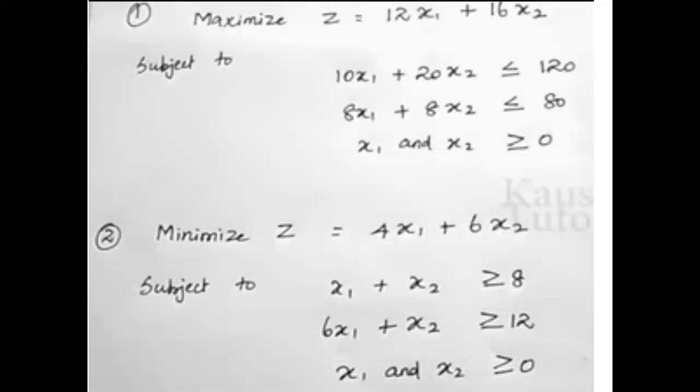Hello students. In the previous lectures, I showed you how to solve linear programming problems using the graphical method. I showed you two types of linear programming problems and their solution using the graphical method, that were maximization of objective function subjected to two constraint equations and minimization of objective function subjected to two constraint equations.